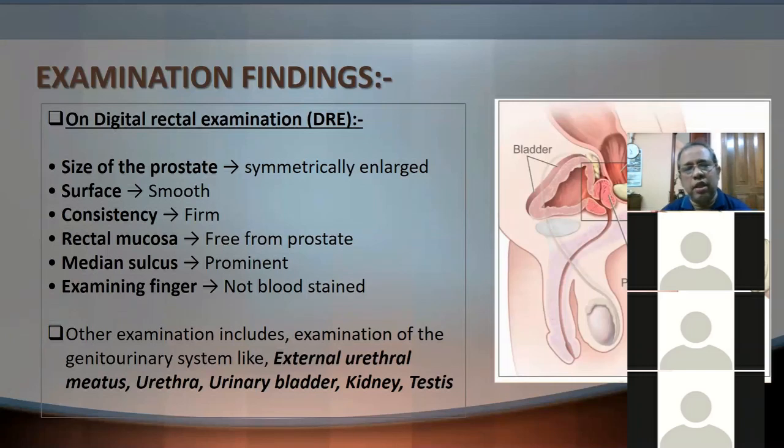That examination is done in various positions of the patient. Normally we examine in the left lateral position, but always remember that in the left lateral position the patient lies on the bed obliquely, not straight.